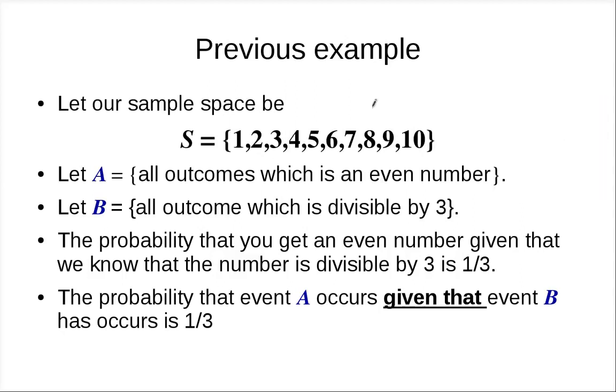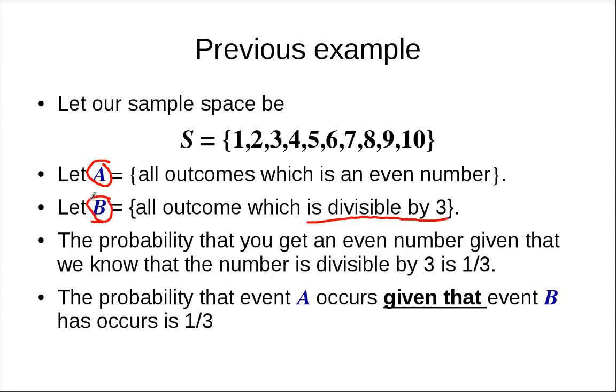In the previous example, we talked about the event that we are interested in, event A, which is that you pick an even number, and then we know that another event, that we actually pick a number which is divisible by 3. If you really think about it, you can see that the fact that the number is divisible by 3 is also an event.